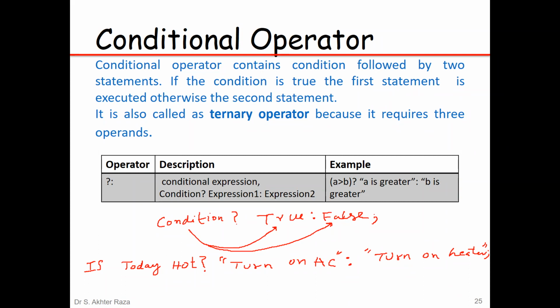If it is not hot, suppose the temperature today is 10 degrees or 5 degrees, then the other action is the one taken by the language. So either of these two actions will be taken depending on the condition. If the condition is true, this action will be taken. If the condition is false, that action will be taken. So this is called the conditional operator.